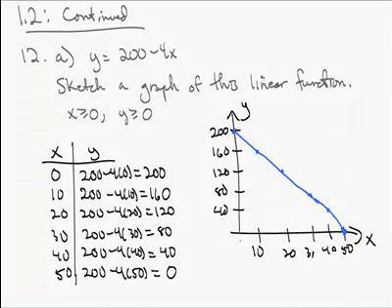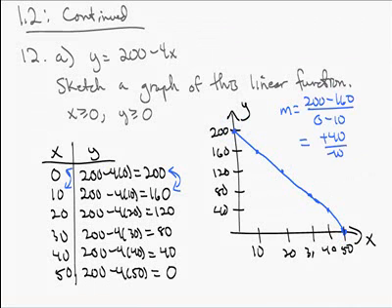Now we're also asked about the slope. The slope, remember, is the change in y over the change in x. So if we just take maybe the first 2 points here, 200 minus 160 divided by the corresponding change in x, we have to subtract in the same order, 0 minus 10, we get 40 over negative 10, or a positive 4. Make that a negative 4.